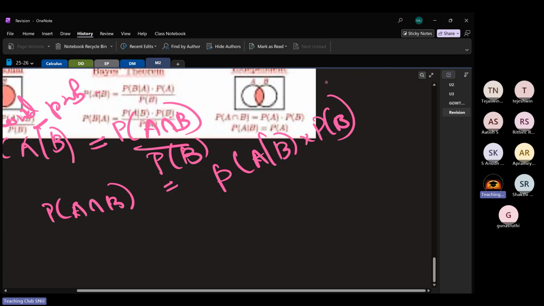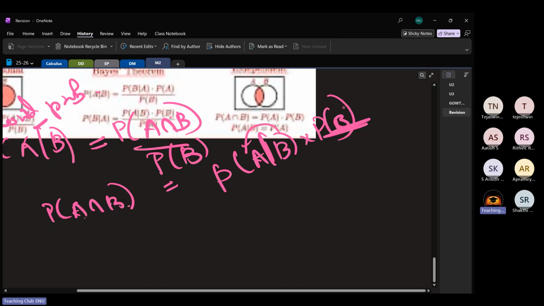In that case, B should happen, and given that B has happened, A should happen. What is the probability? It's very simple. The probability of A intersection B is the probability of B happening multiplied by the probability of A given that B has happened. The same way, you can also write it as P of B given A times P of A: A has happened, and then the probability of B given that A has happened.